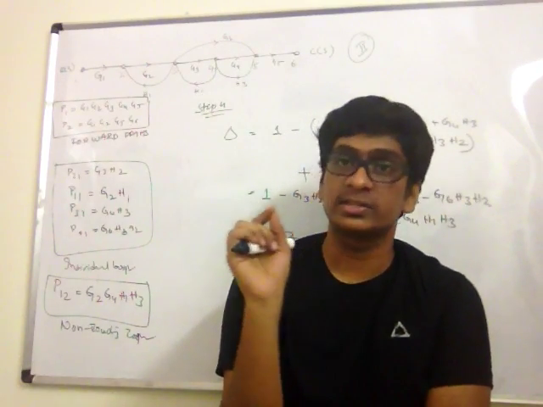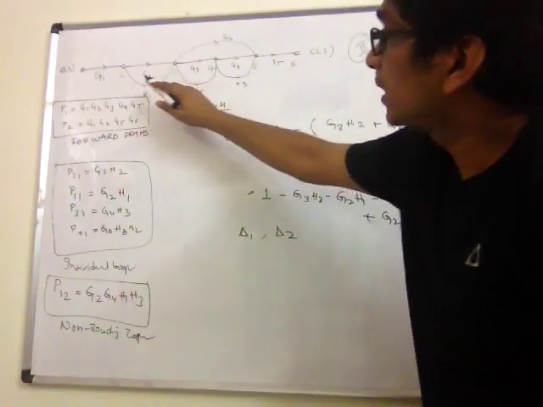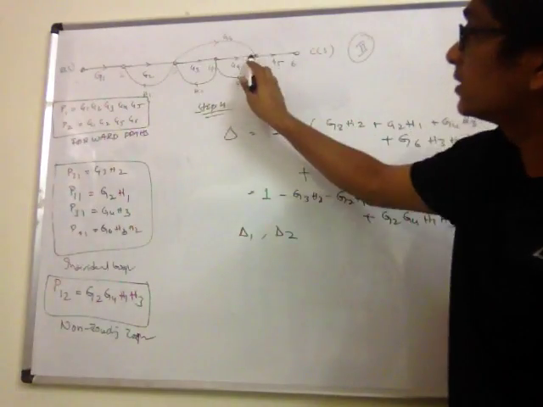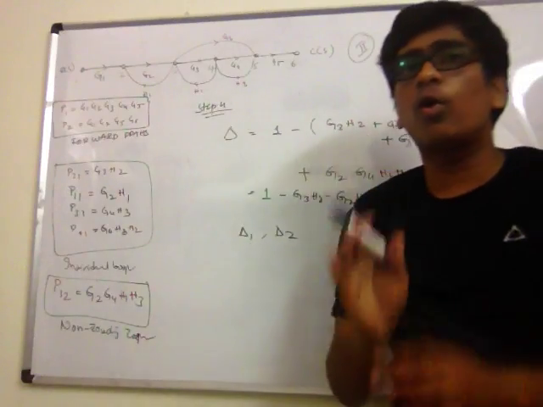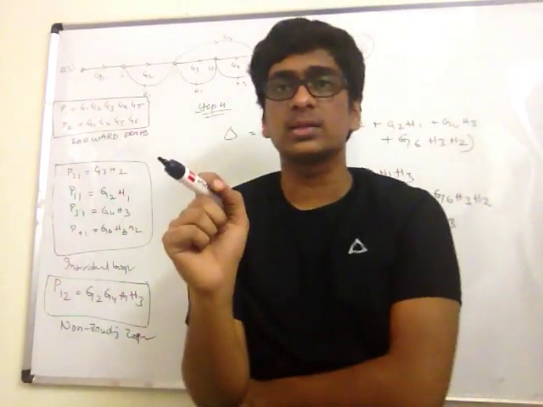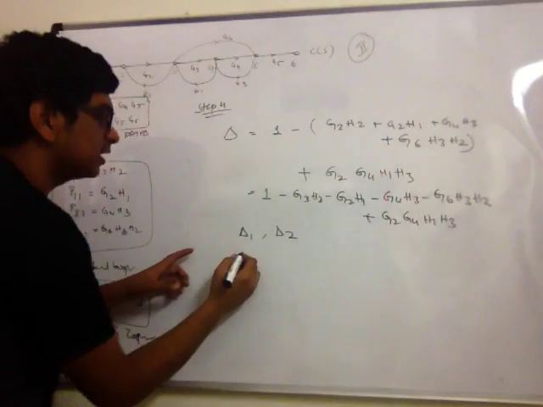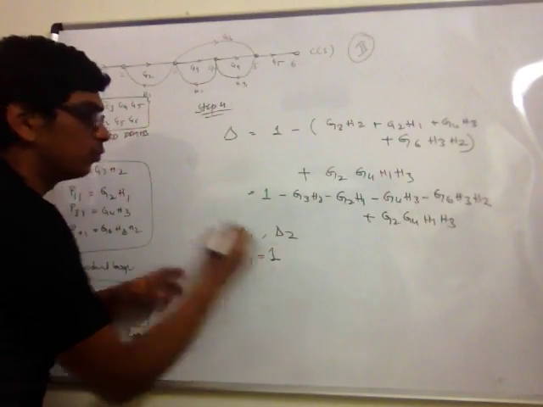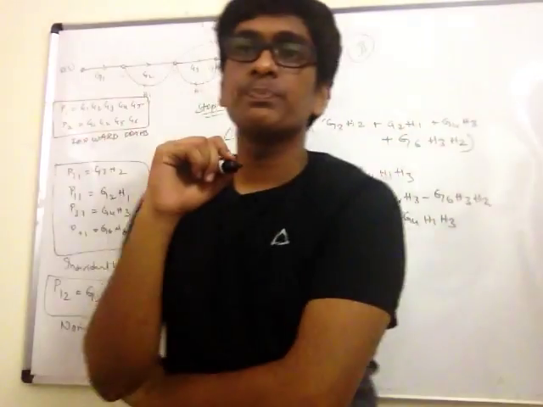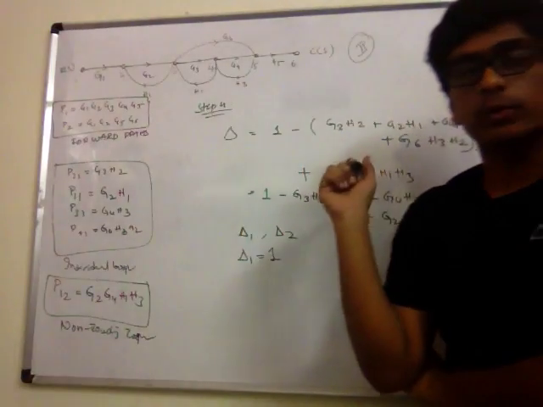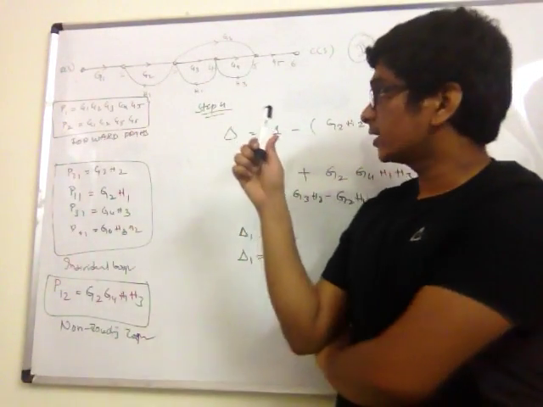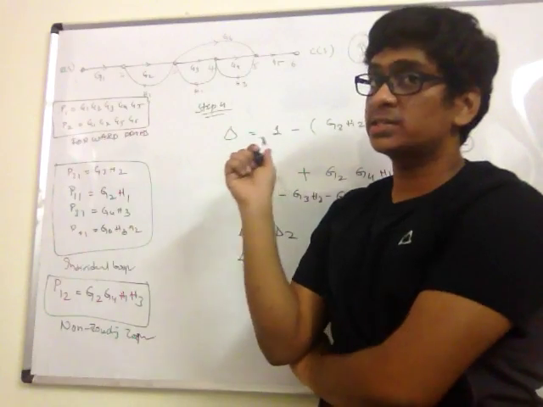The answer is no, because if you take this loop or this loop or this loop or this loop, they are all touching the first forward path. So delta 1 is equal to 1. Now look at the second forward path. What is the second forward path?